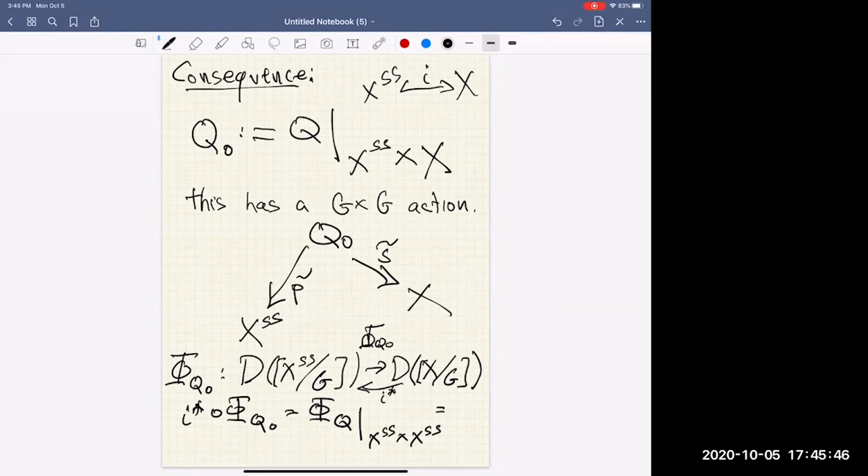So this is set up so that this is the equivariant diagonal. So this is the identity map.